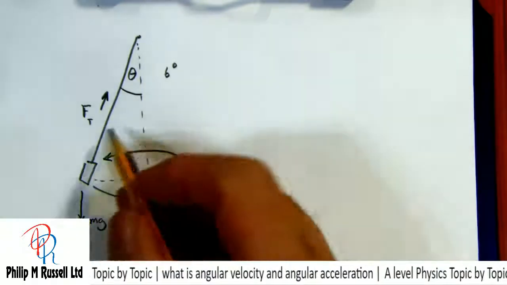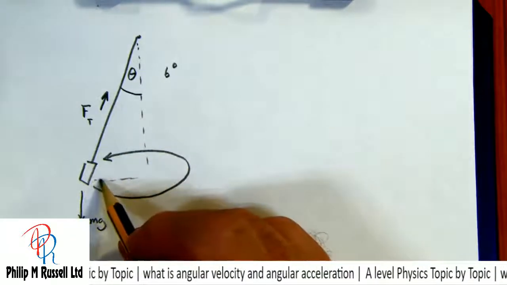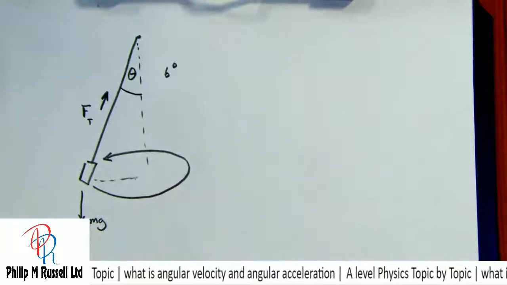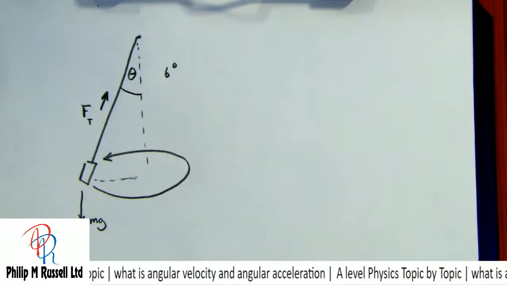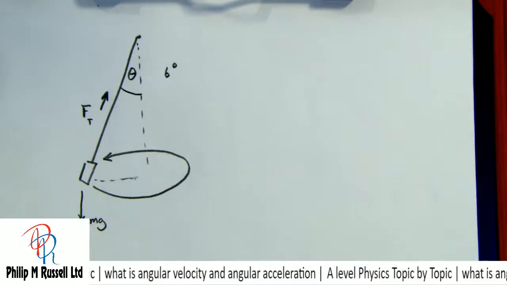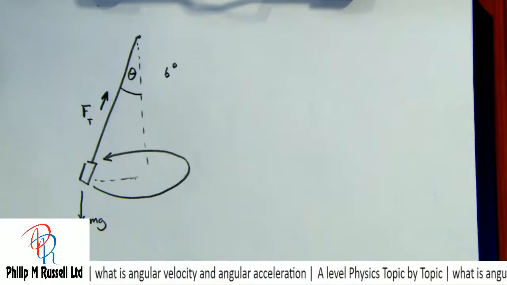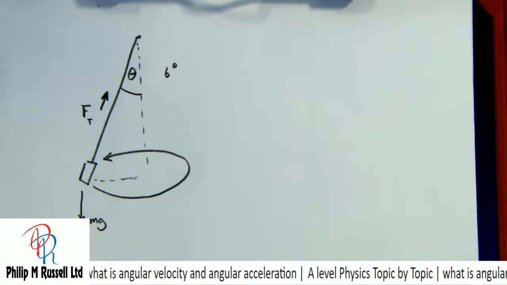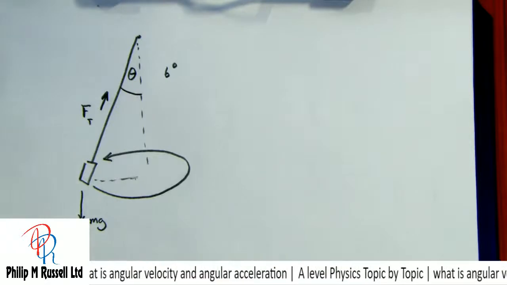Now as this goes on, so the angle is going to gradually move down, and so the radius is going to gradually get less and less. But these pendulum or pendula work better than ones that go just forward and back.